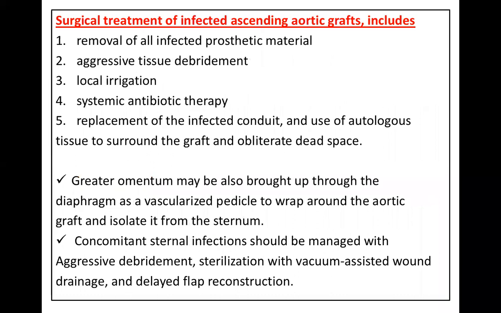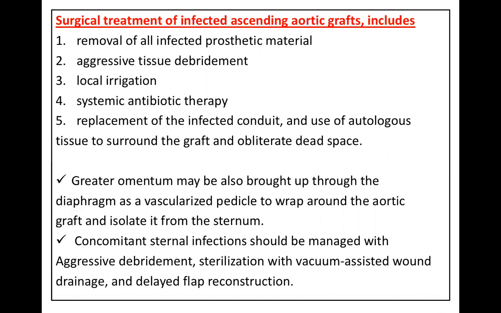and cultures. Surgical management for the infected graft involves removal of the infected prosthetic material, aggressive tissue debridement, local irrigation, systemic antibiotics, replacement of the conduit, and use of autologous tissue to surround the graft and obliterate the dead space.